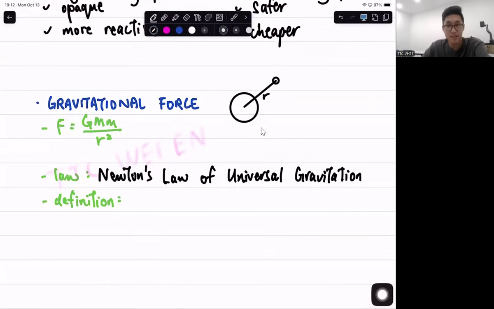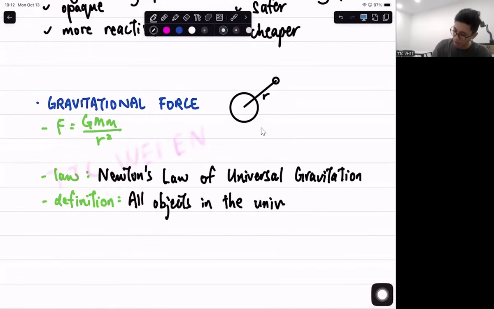Now, in case they ask you for the definition, it is actually based on the formula. You have to tell them why it is universal. Universal because everything has this; it applies to everything. So you can say all objects in the universe, or everything in the universe.